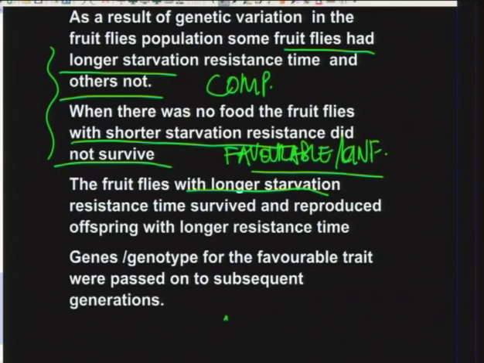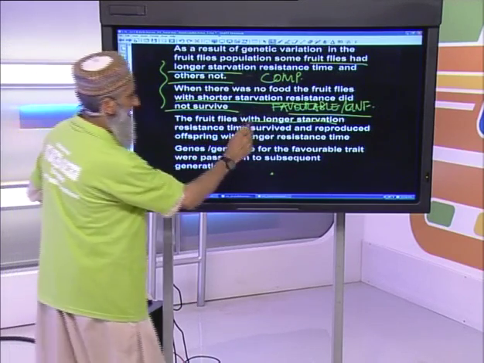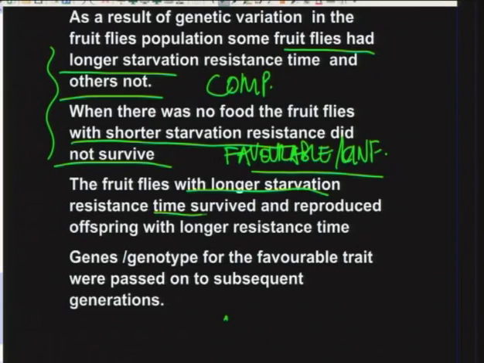Can you see the bullets? The variation first. Then we're talking about competition. Then we're talking about favorable and unfavorable. Then we're saying survival of the fittest.